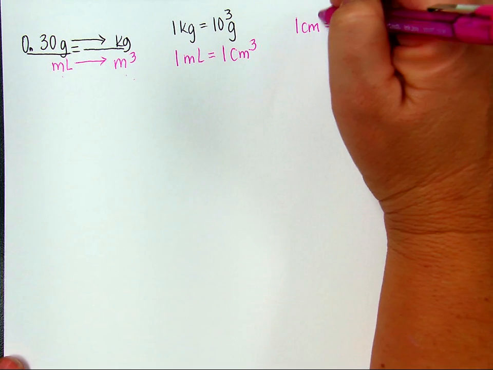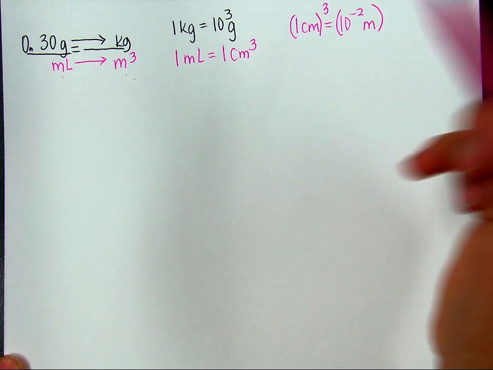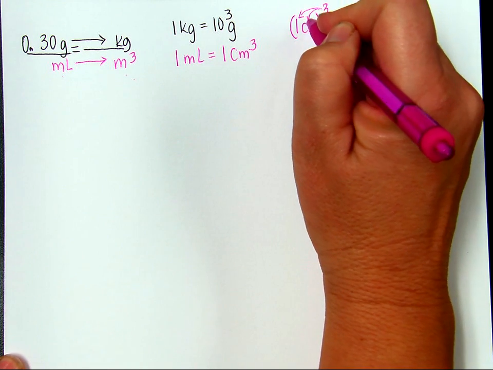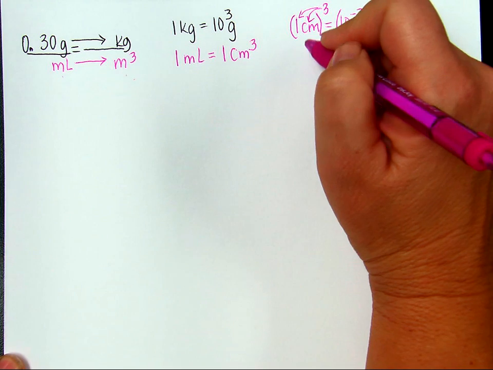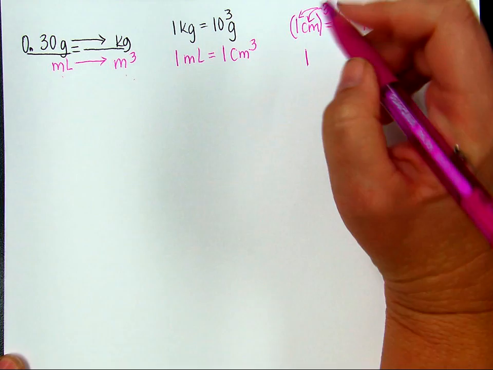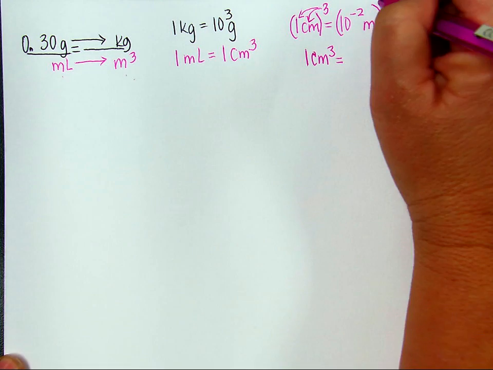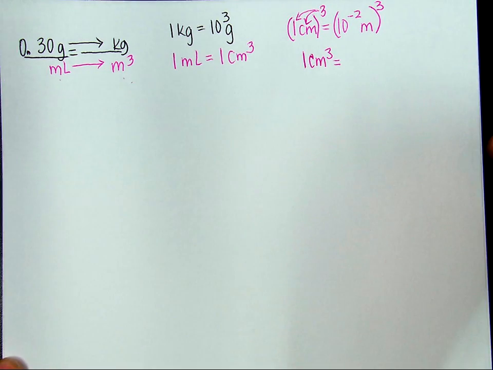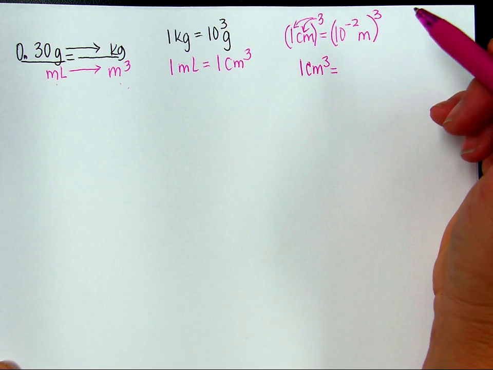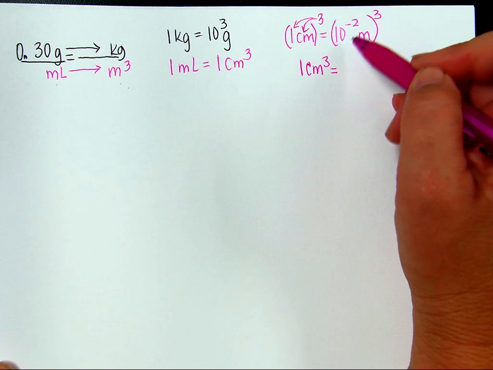In this case, I want to cube it. So, what does that mean? That means I'm going to cube the number as well as the unit. So 1 times 1 times 1 is 1, and centimeters times centimeters times centimeters is centimeters cubed. If I want to cube the other side, which I have to, I have 10 to the minus 2 times 10 to the minus 2 times 10 to the minus 2.